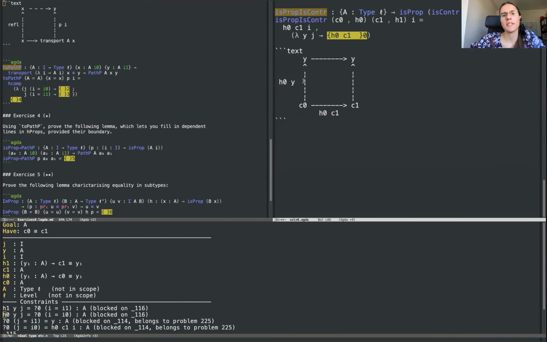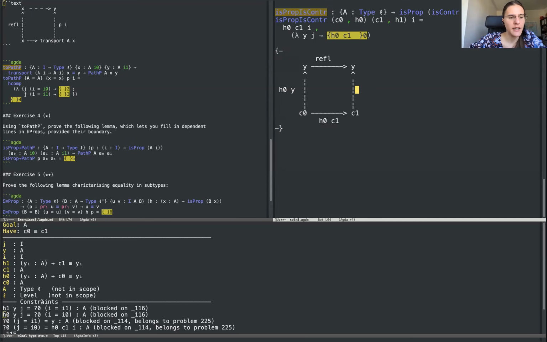And that connects C naught to Y. This connects C naught to C1. And this path at the top is reflexivity. Now, this isn't a literate Agda file, so I should make this into comments. And what do I have at this side?